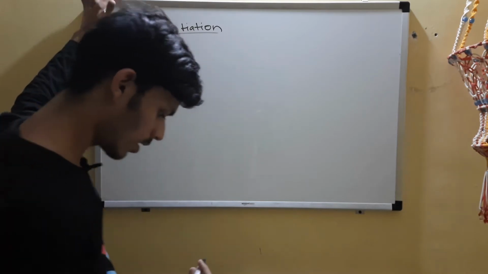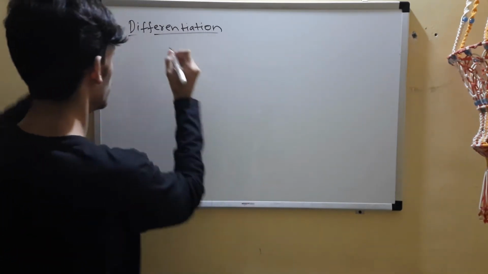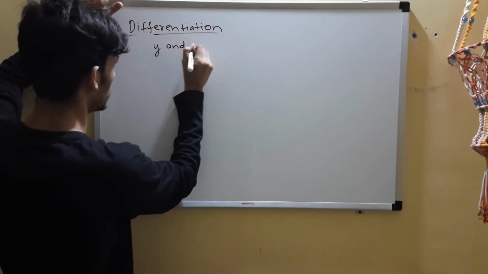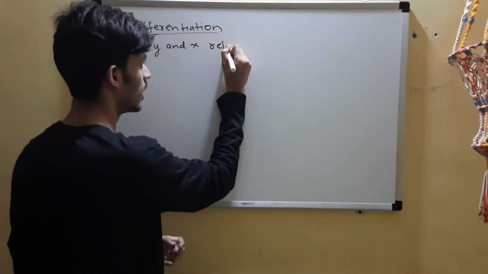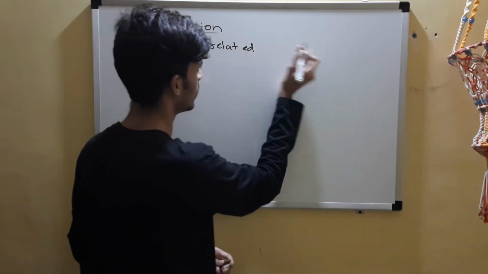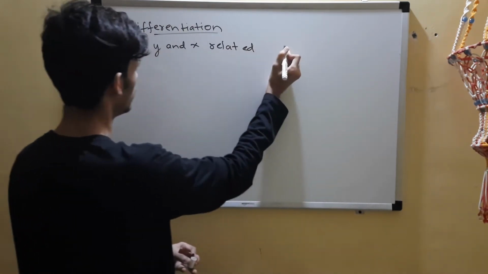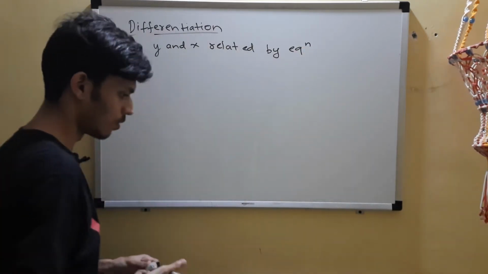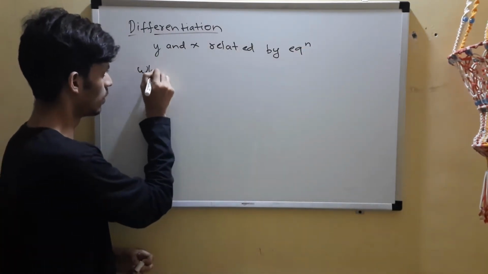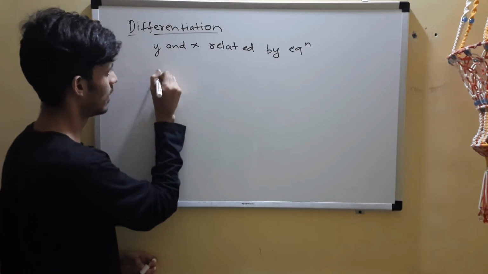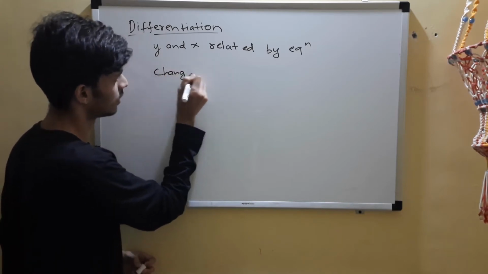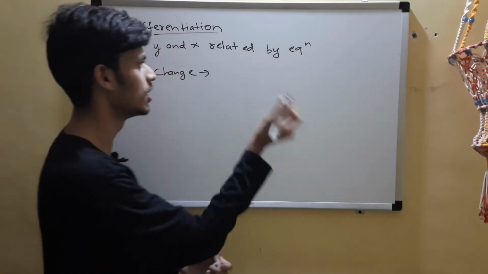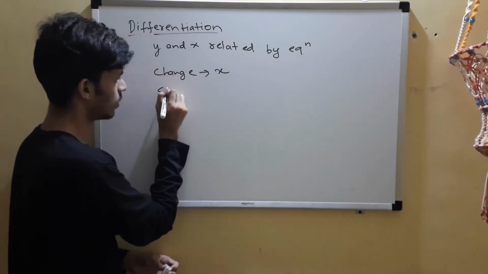Differentiation. When you have two variables, suppose y and x, which are related by an equation, any equation you can think of, y is equal to x, y is equal to x square. When you change the value of x, y will also change.